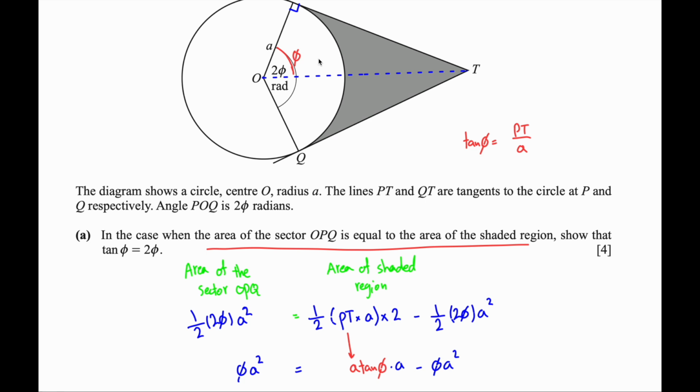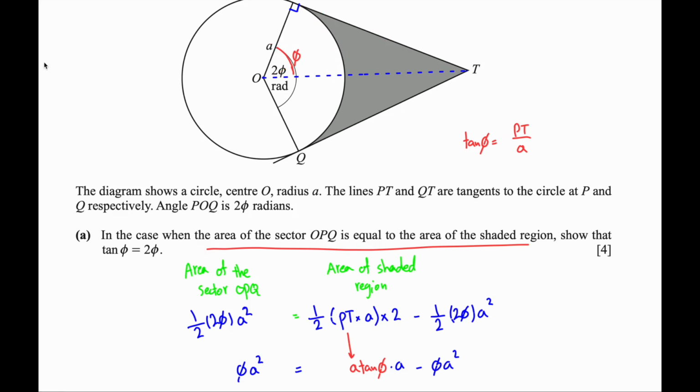And for the shaded region, my approach is to find the area of this right angle triangle, multiply it by 2, because this is symmetrical, and then subtract the area of the sector OPQ. Therefore, I'm going to be left with the shaded region.